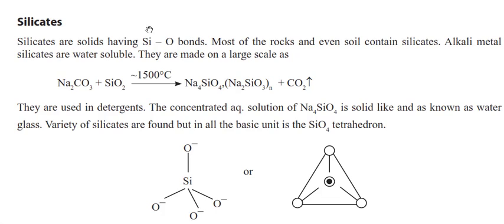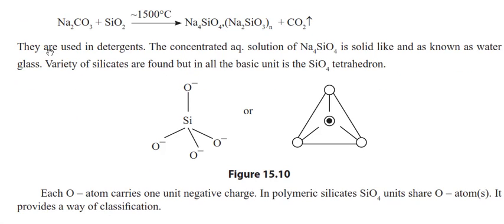Then silicates. Silicates are solids having SiO bonds, and most rocks contain silicates. You can easily make them by synthesis also. You react sodium carbonate with silicon dioxide, and CO2 gas is eliminated from the reaction.